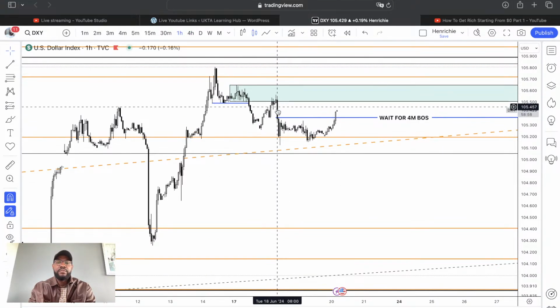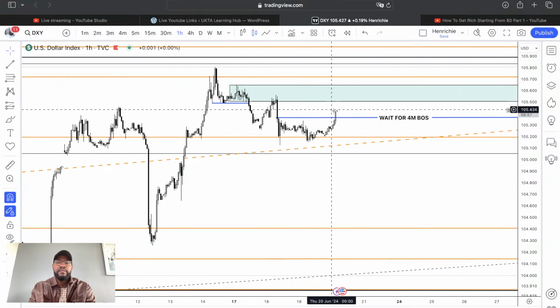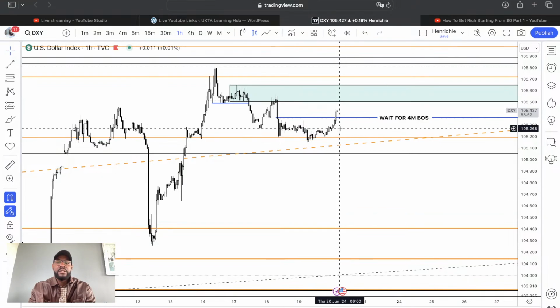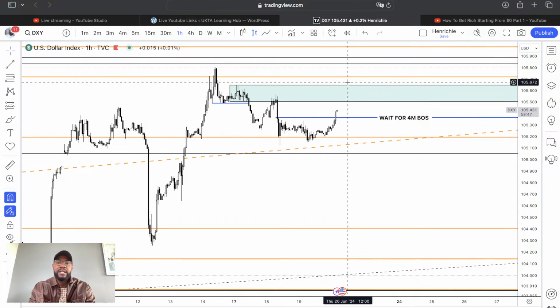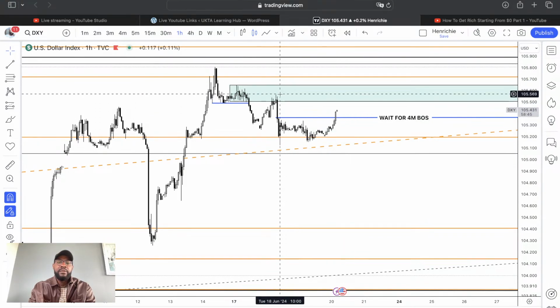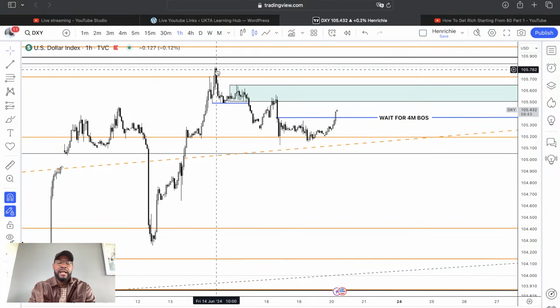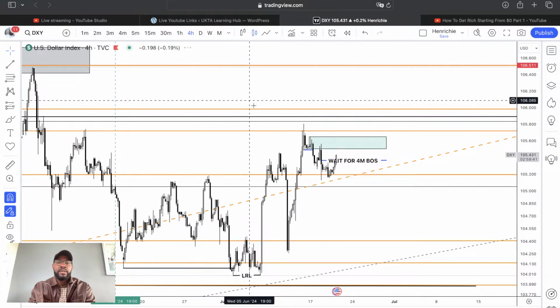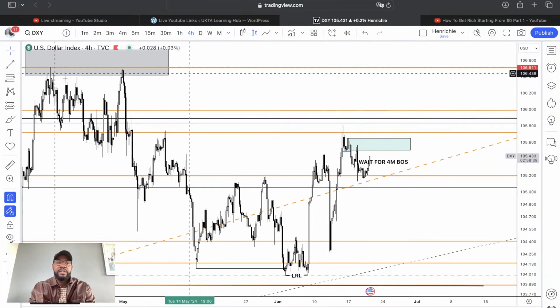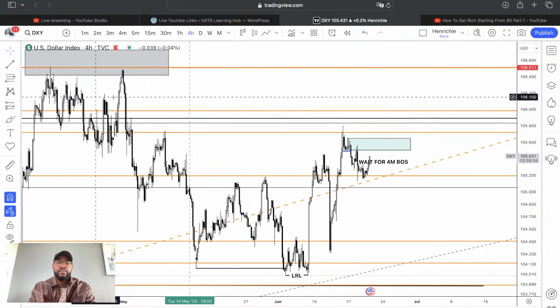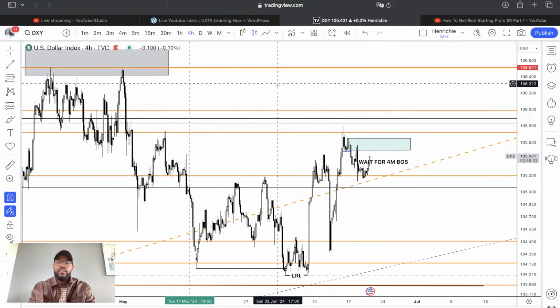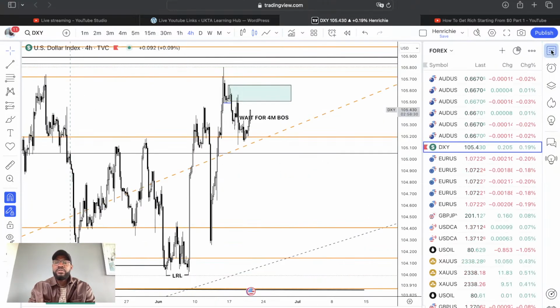If this inefficiency right here or this liquidity fails to act as a resistance zone to send price to the downside, if it fails to act as resistance and price runs above it, running the liquidities right here and even breaking this high, then that means my next draw is going to be this overall high right here. That'll be the next key level I'll be anticipating to see price draw to. So that is what I'm watching on the dollar.